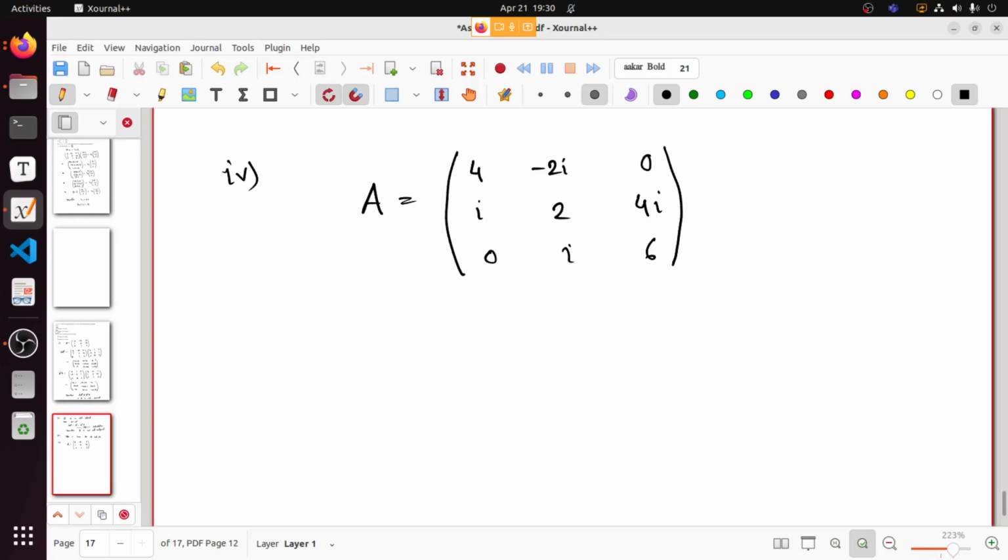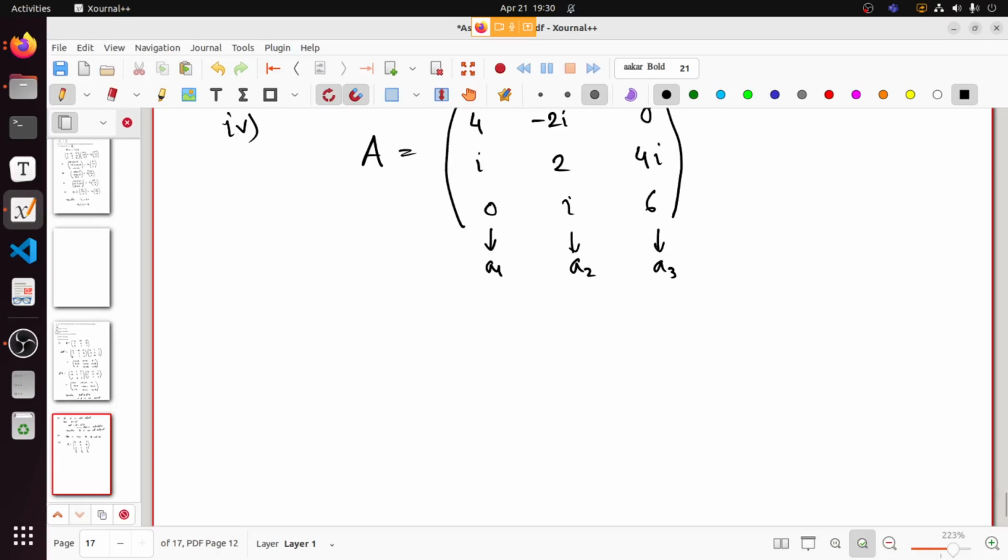So let's call the first column A1, this is A2, this is A3. A1 and A2 are linearly independent because here it has 0 and here it is i. So this cannot be some lambda times the other, because 0 cannot be, and this is non-zero.